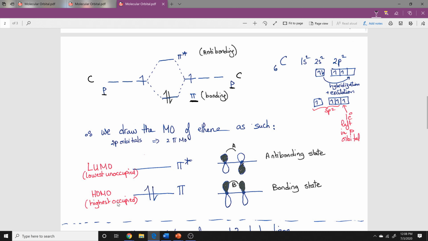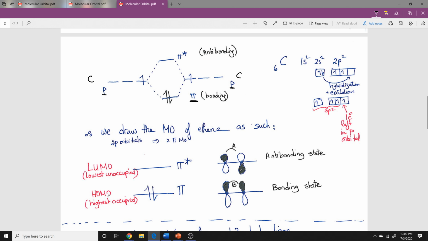So we're going to start naming the highest molecular orbital that is filled as the highest occupied molecular orbital, HOMO. It's the highest molecular orbital in the example that you are working with that is occupied. And then always above the highest occupied molecular orbital, there is the lowest unoccupied molecular orbital.